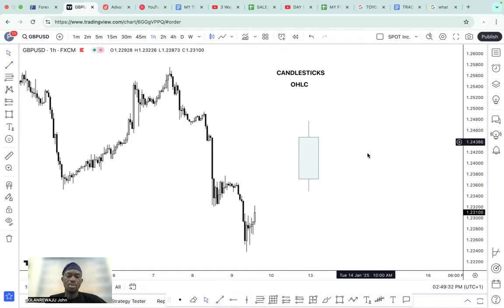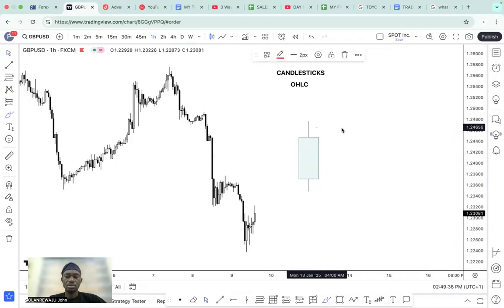We talked about the fact that this is the upper wick, and this is the lower wick. However, this is the high, this is the low.